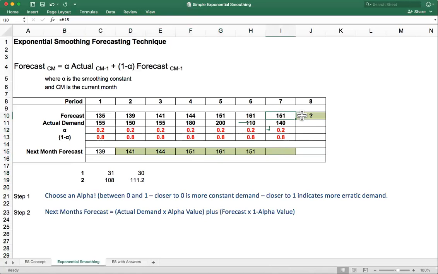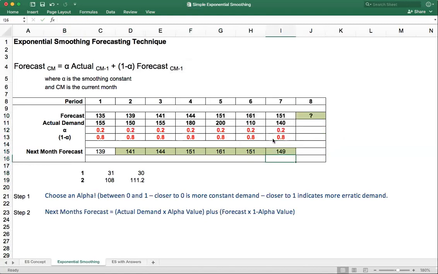And now the last step is that we just have to do the same thing for period 8. So period 8 follows the same. We're going to take our actual demand times our alpha. Oops, I should put this in parentheses to isolate them. So our actual demand times our alpha. And then we're going to add in the second part of our formula, which was our forecasted demand times 1 minus our alpha.